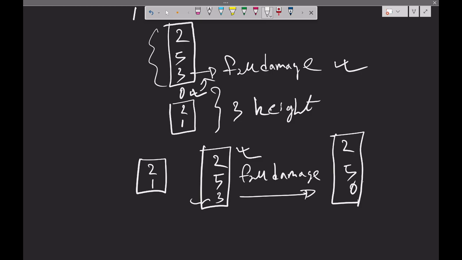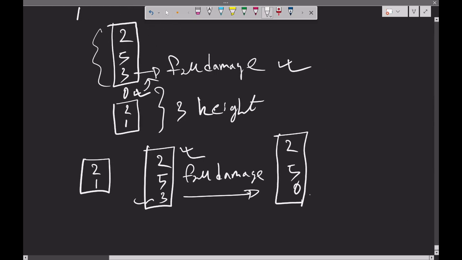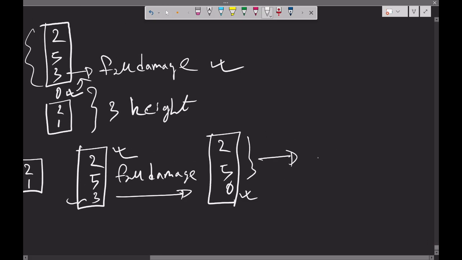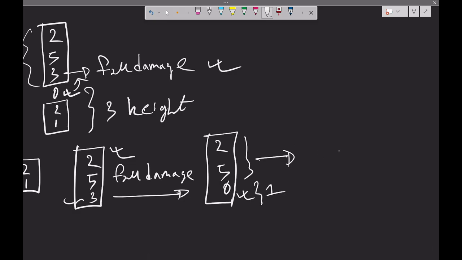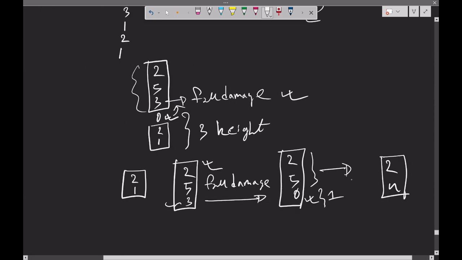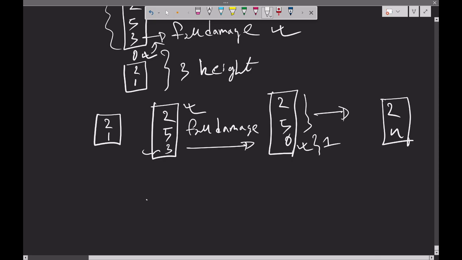As the bottom element here is also 0, this portion also becomes another segment, and it receives a fall damage of 1, so these segments become 2 and 4. Finally, we have one segment containing 2 and 1, and another segment containing 2 and 4.